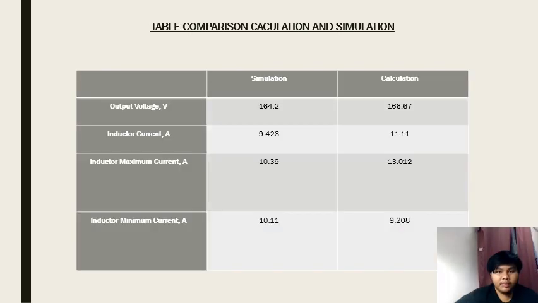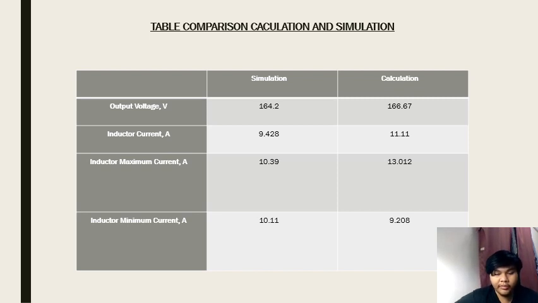Okay, next, the table comparing calculation and simulation. We measure four values: output voltage, inductor current, inductor maximum current, and inductor minimum current. For output voltage, for simulation we get 164.2 and for calculation we get 166.67. For inductor current, we get 9.428 for simulation and 11.11 for calculation. For inductor maximum current, we get 10.39 for simulation and 13.012 for calculation.